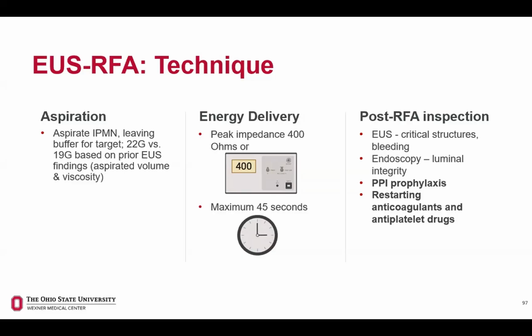Subsequently, we have a video coming up in the next slide. Next is energy delivery. You're going to deliver energy up to 400 ohms, which is the peak impedance at which you stop delivering, or you time out at 45 seconds. Now, the critical aspect is to examine this by EUS and also by endoscopy. What we didn't realize initially was that we did not do a follow-up endoscopy after ablation, and soon we had complications.